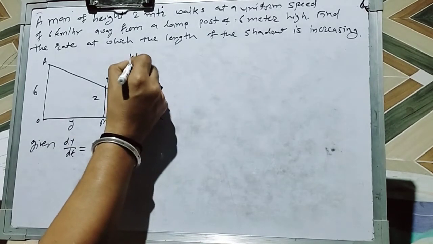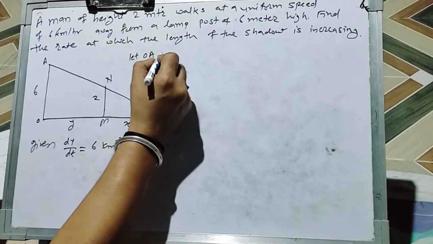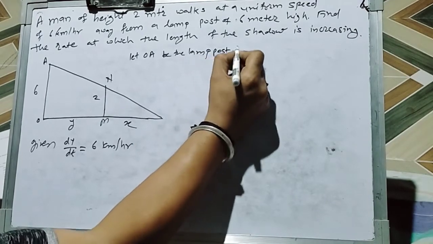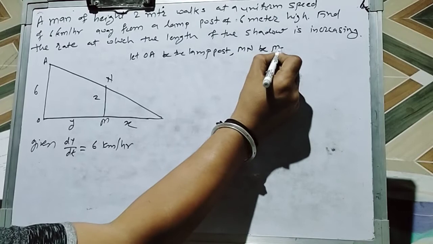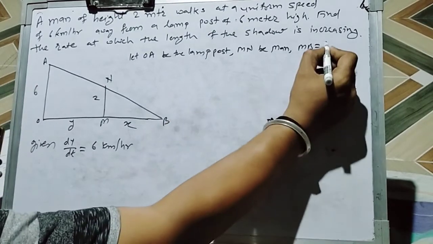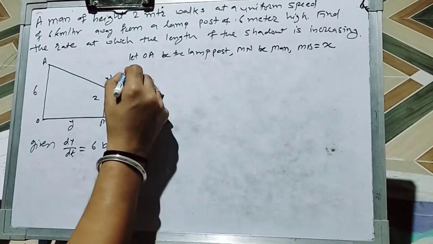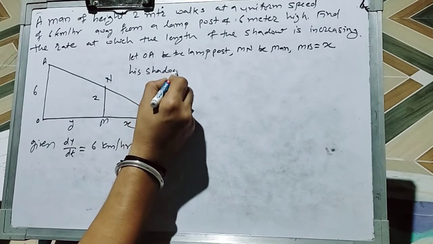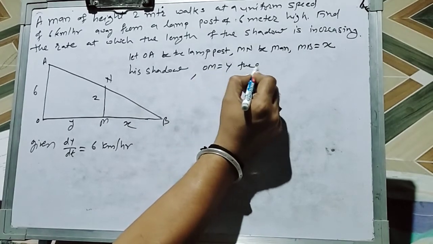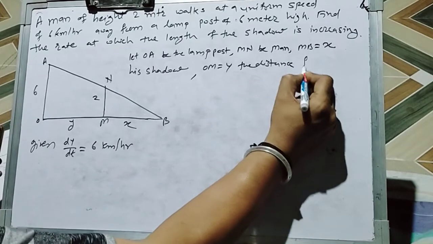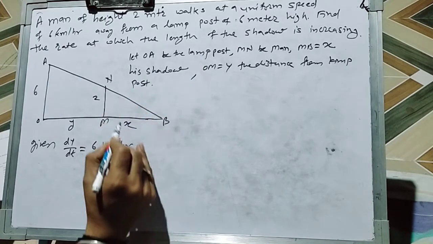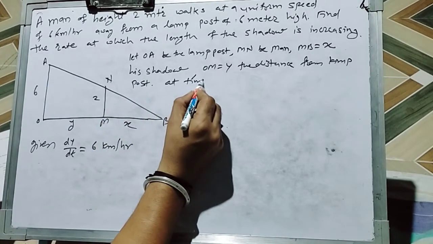So here let OA be the lamp post, MN be the man, MB is equal to x, his shadow, and OM equals y, the distance from the lamp post at time t.